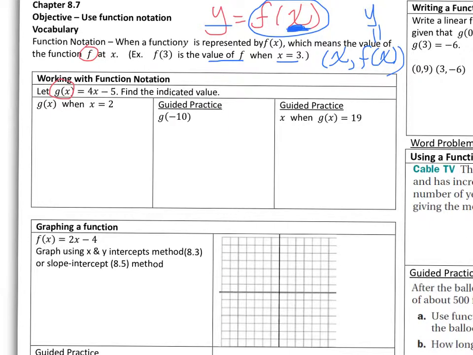Okay, and here let g of x equals 4x minus 5, and we need to find the indicated value g of x. What is g of x when x equals 2? I'm going to substitute x for 2.